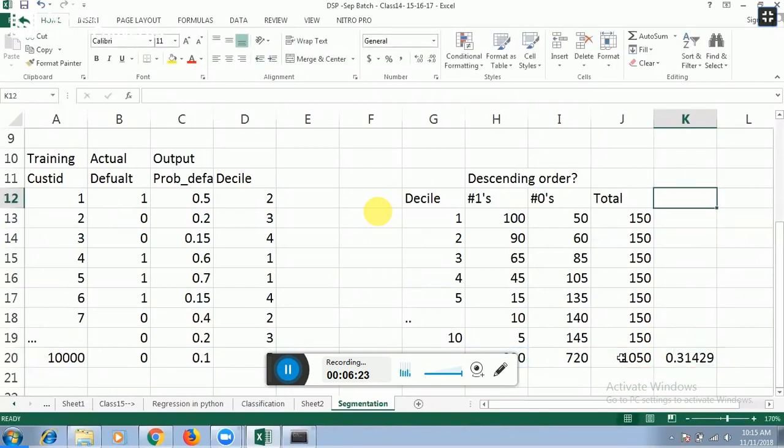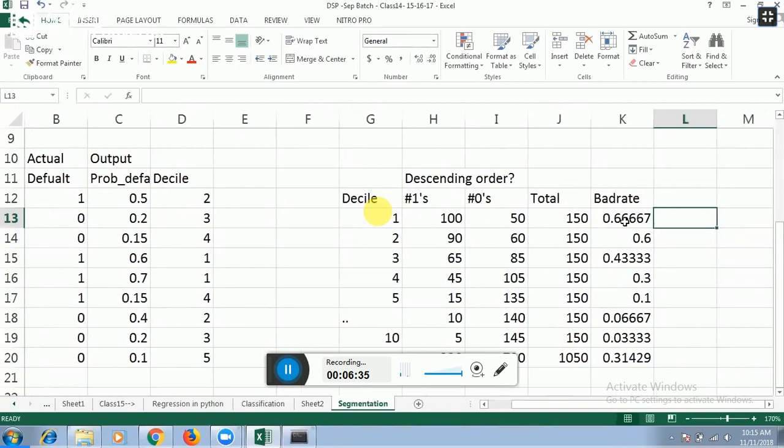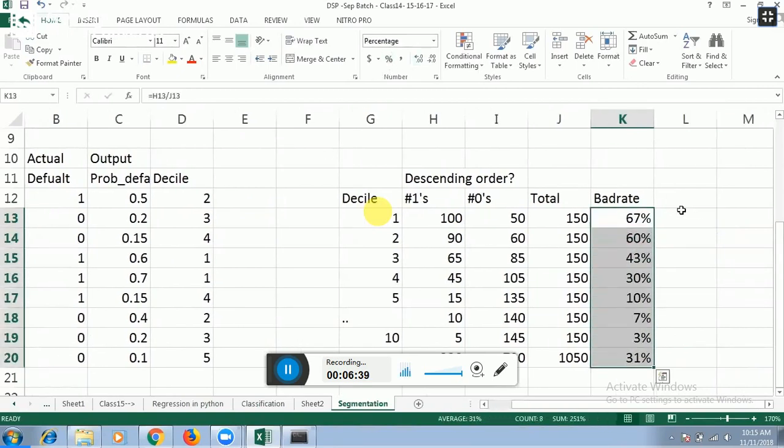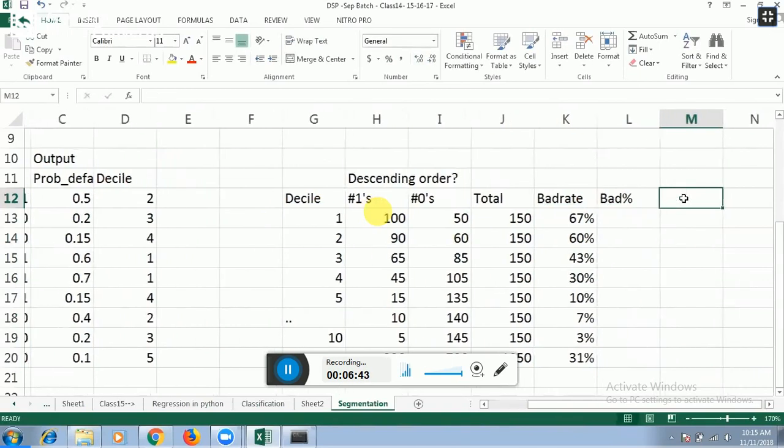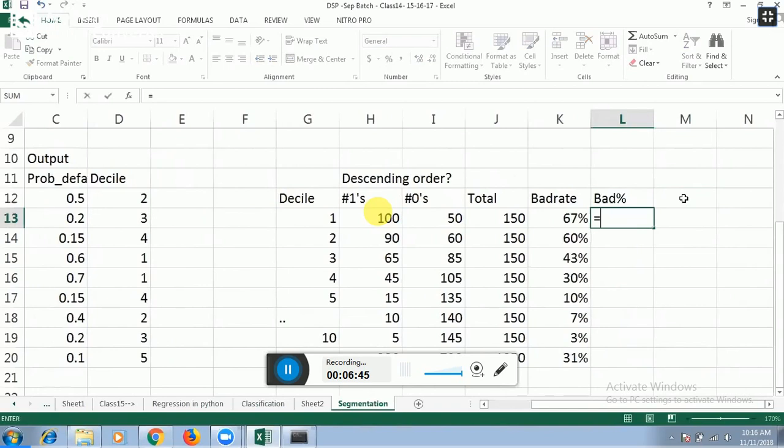Now the bad rate is, for each decile, how much bad rate you have. And the bad percentage means how many bads we captured in my first decile. The bad percentage is this divided by 330.